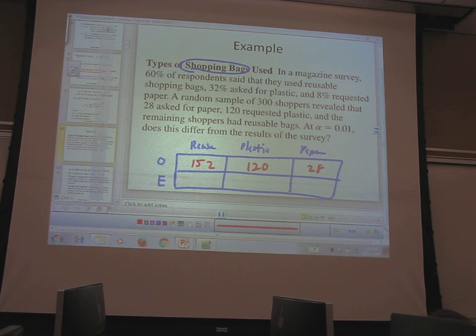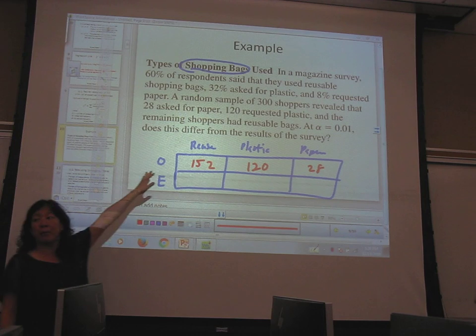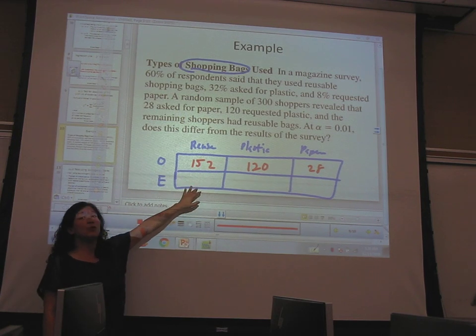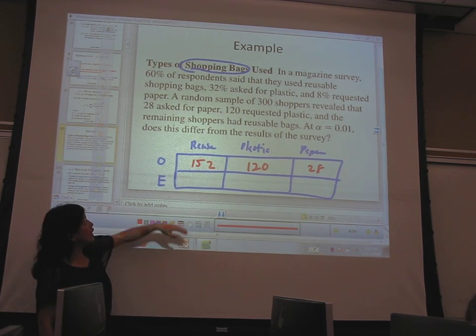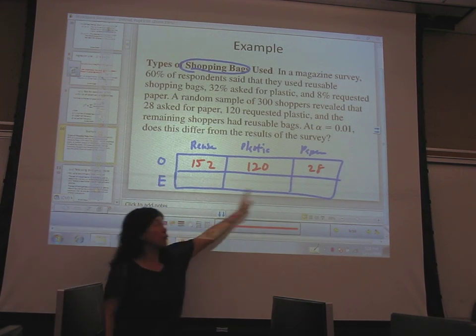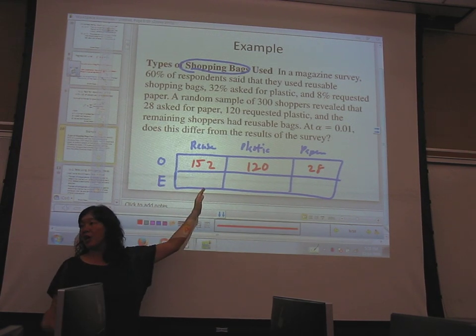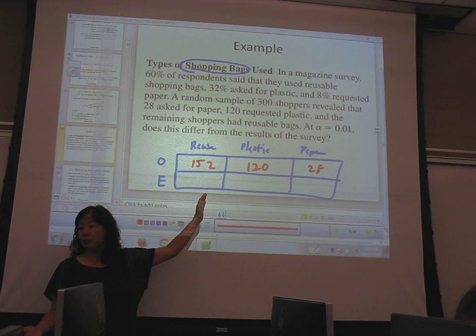Our expecteds we have to calculate. Remember, our observed are what we actually get from our sample. Our expecteds we calculate. We take the total and we multiply it by some fraction or some percent. If they were equally preferred, then we would just divide by 3, multiply it by a third.